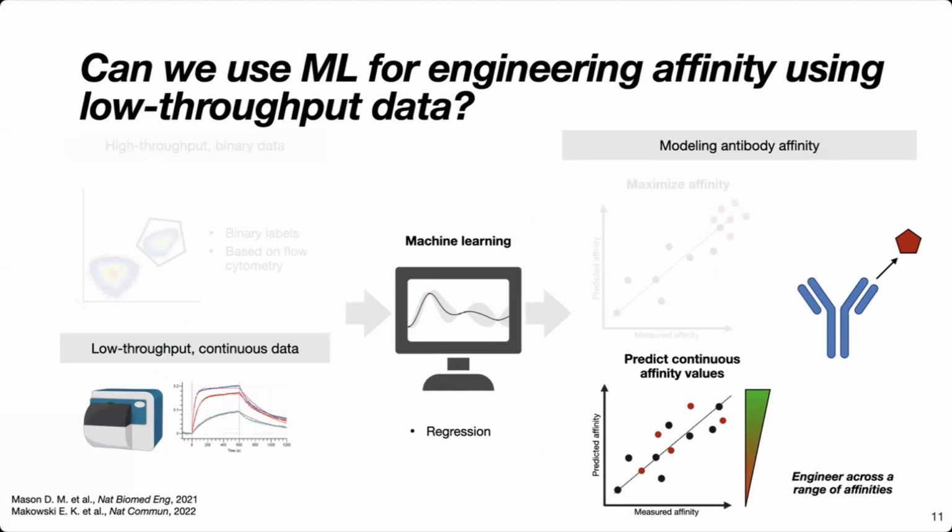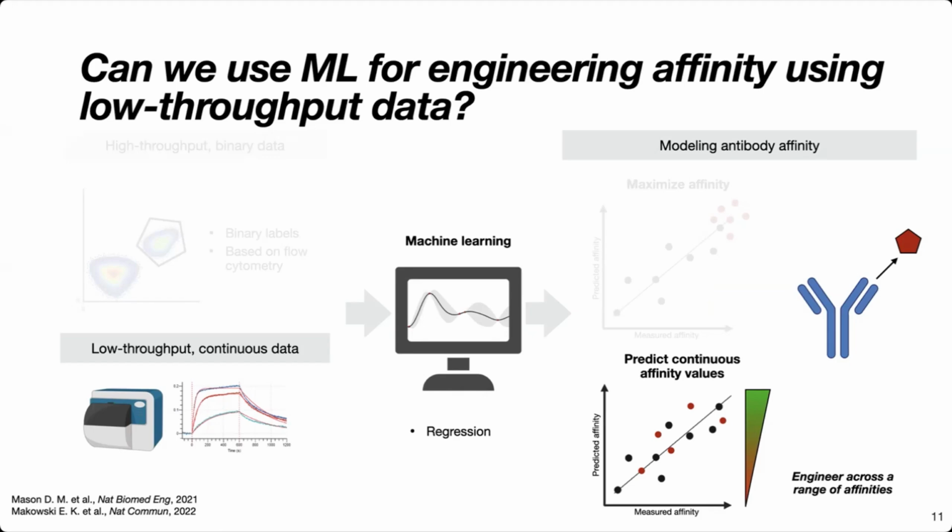So KD values that can be measured by binding curves from surface plasmon resonance or bilayer interferometry are much more accurate measurements of antibody affinity, and they yield continuous KD values.